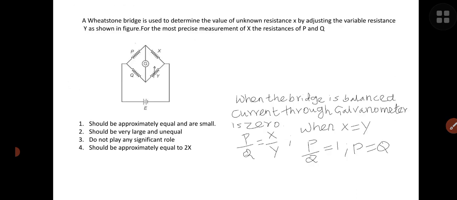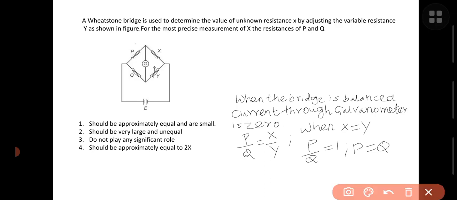A Wheatstone bridge is used to determine the value of unknown resistance X by adjusting the variable resistance Y as shown in figure. For the most precise measurement of X, the resistances of P and Q. Here is the picture and the options are: option 1, should be approximately equal and small.